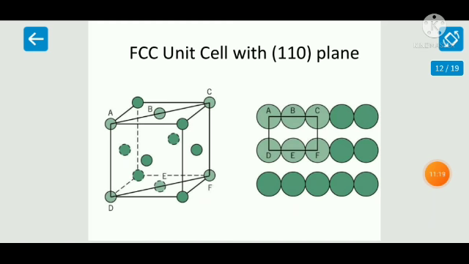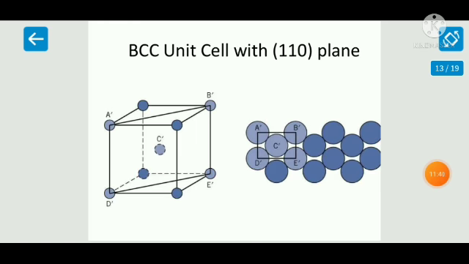For the face-centered cubic, this is a unit cell with a 1 1 0 plane. See the corners A, B, C, D, E, F, each corner atom, with the atoms at the centers of the faces. Another is the BCC, body-centered cubic unit cell, with the 1 1 0 plane.